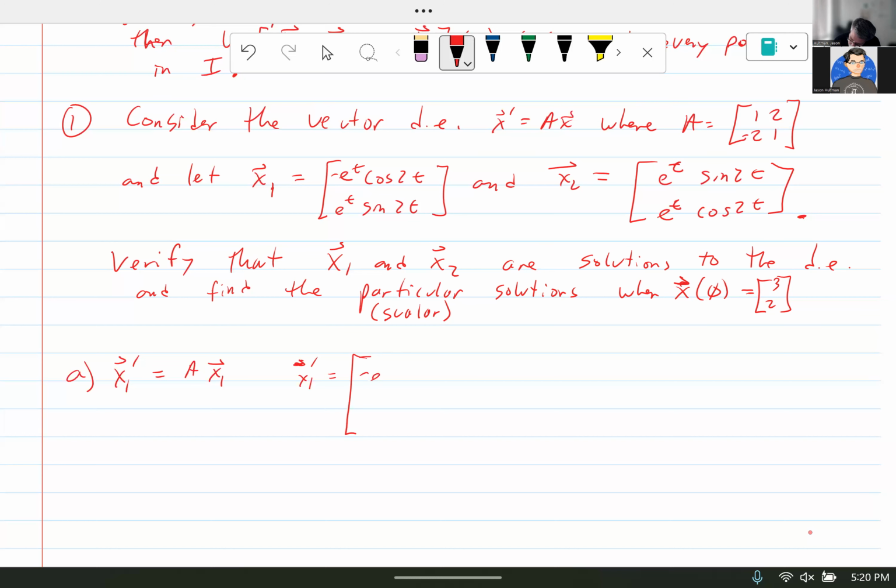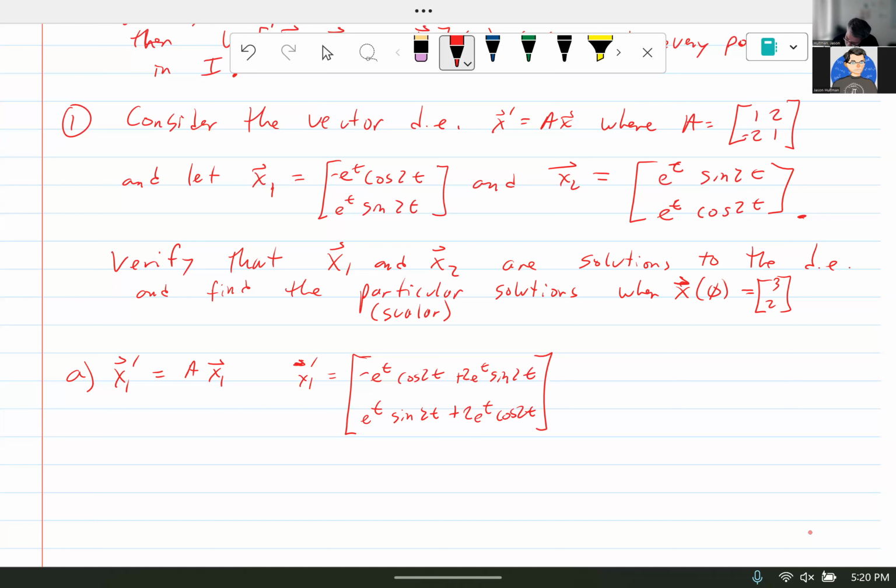That's negative e to the t times cosine 2t plus, derivative of cosine is negative sine, so plus 2e to the t sine 2t. And then e to the t sine 2t: derivative of the first times the second, plus the derivative of the second, which is 2e to the t cosine 2t by the chain rule.